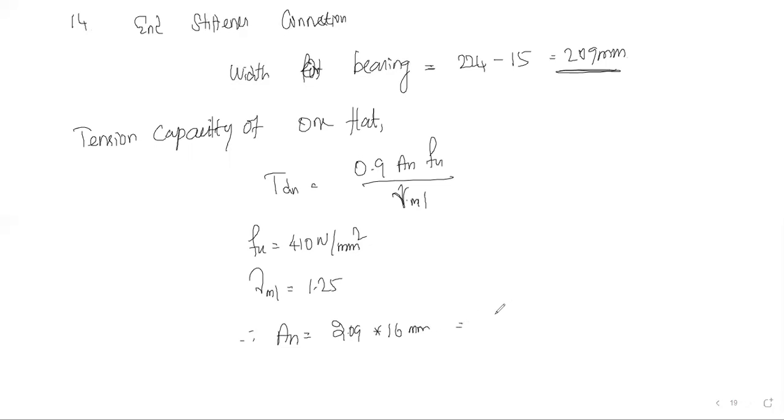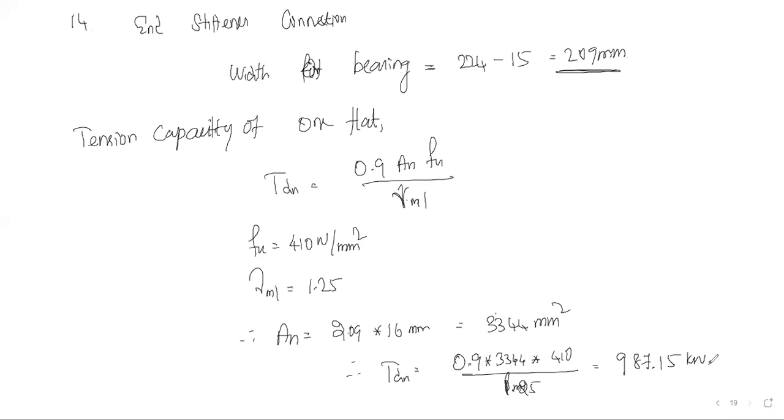So it becomes 3344 mm squared. Therefore, Tdn is equal to 0.9 into 3344 multiplied with 410 divided by γml. Sorry, the γml value is 1.25.